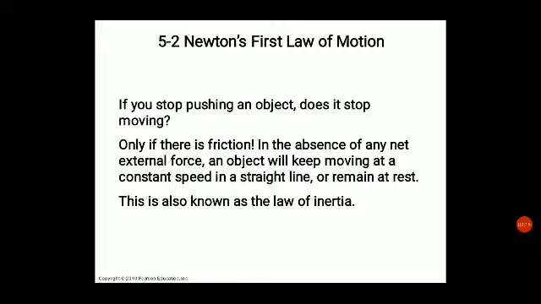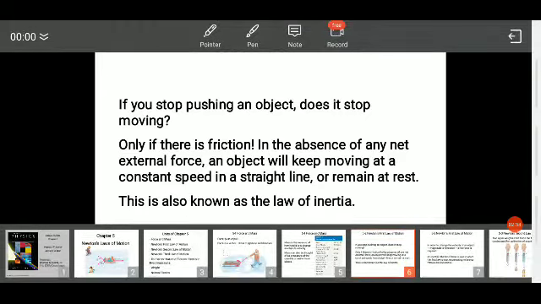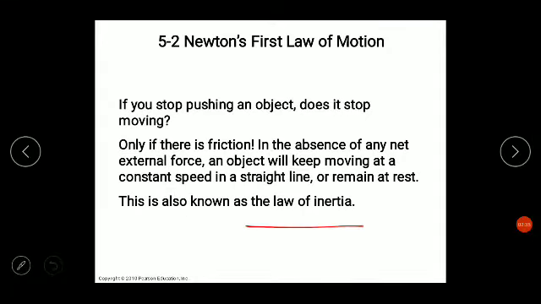So that's what we call the law of inertia. Okay, so an object moving along a straight line will continue moving along a straight line unless acted on by a net external force. That is basically what the first law of motion is all about, also known as the law of inertia.